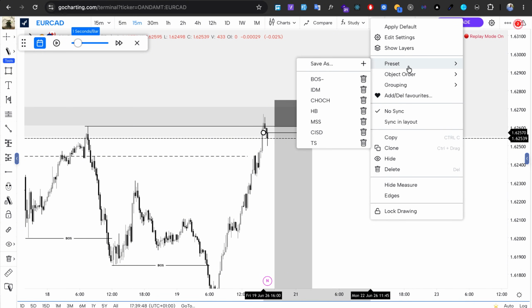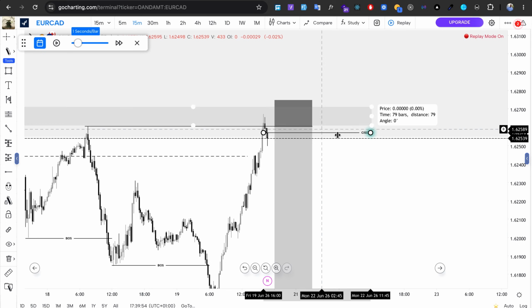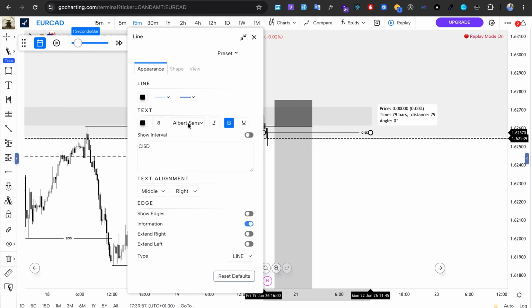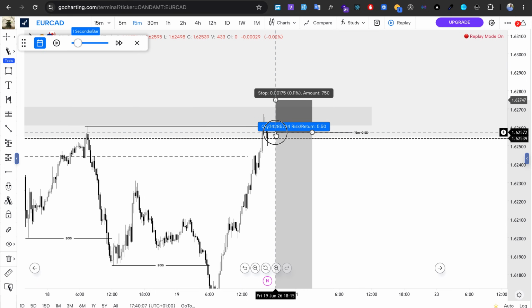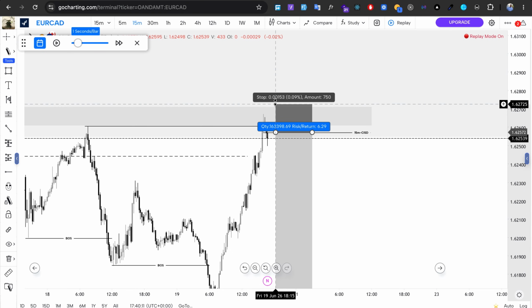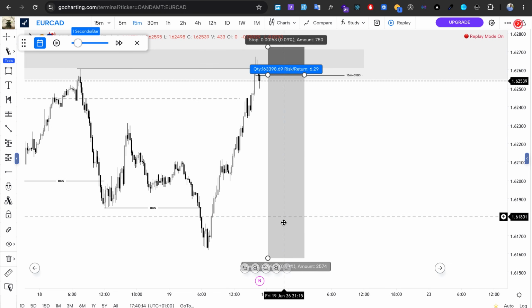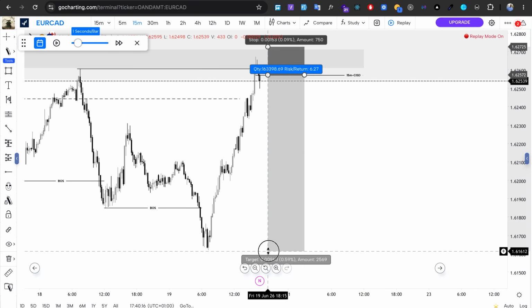You understand? This is a 15-minute CISD. I would have entered from here and put my stop here, and it will still give me a good RR, so my target will be here. Let's play.